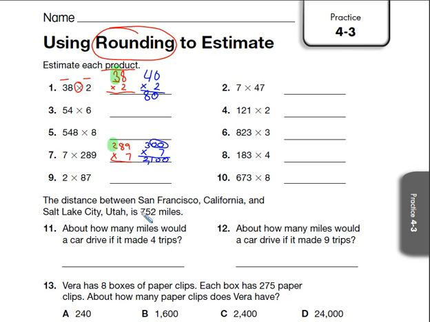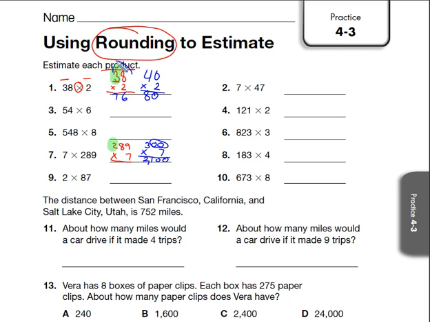Now here's the deal that I made for my class today. If you're not in my class, you have to do whatever your teacher said. But in my class, if you want to do both the estimate and solve the actual problem, where you go through and you say ones to ones, 8 times 2 is 16, carry the 1, 3 times 2 is 6, plus 1 more is 7.